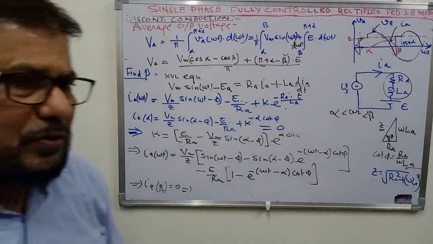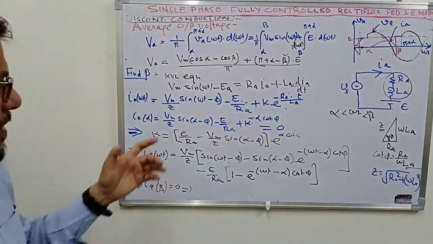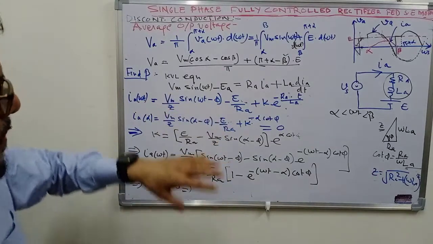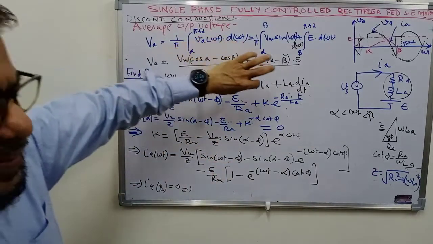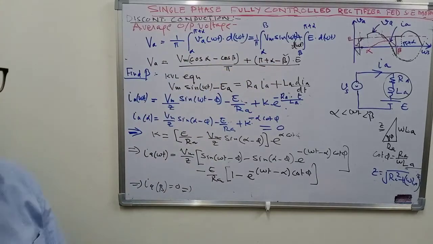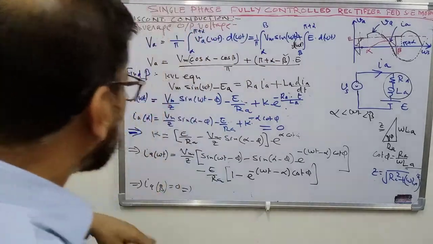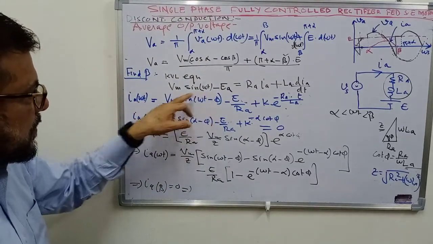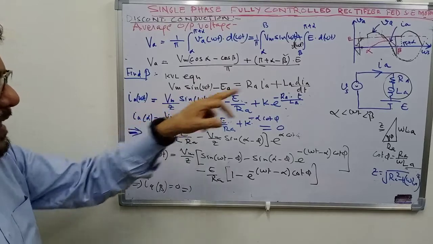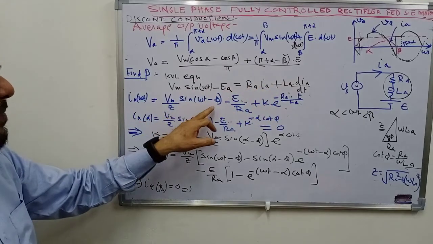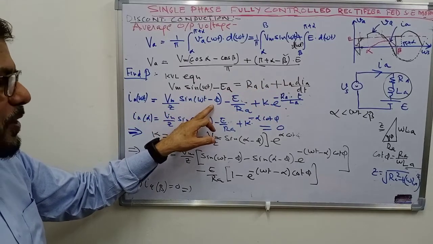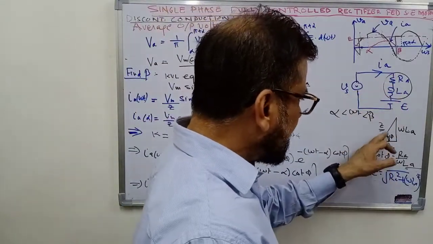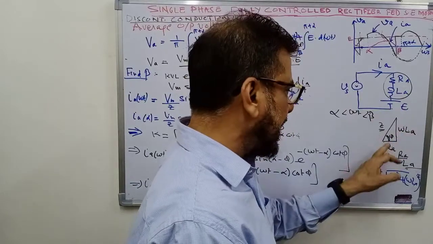The technique you can use here is the principle of superposition: write the equation for the AC source and the DC source and then combine the responses. For that I have written this equation. The solution corresponding to the AC source will be equal to Vm by Z, the impedance, into sin(omega t minus phi). Phi depends on the values of Ra and La. It is nothing but the angle of this impedance triangle.